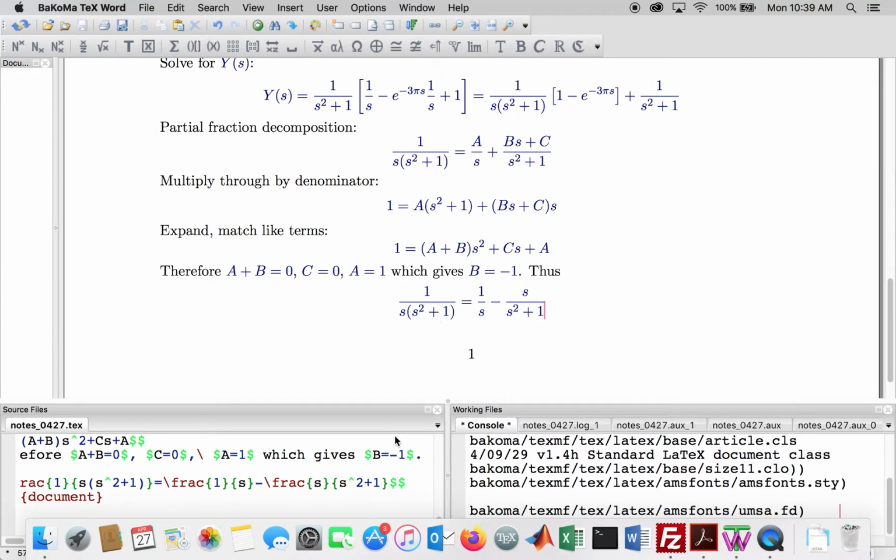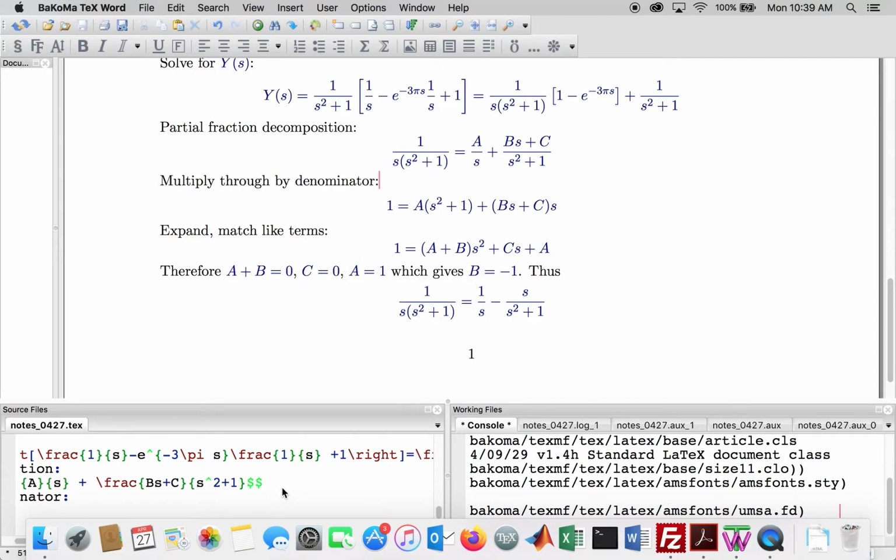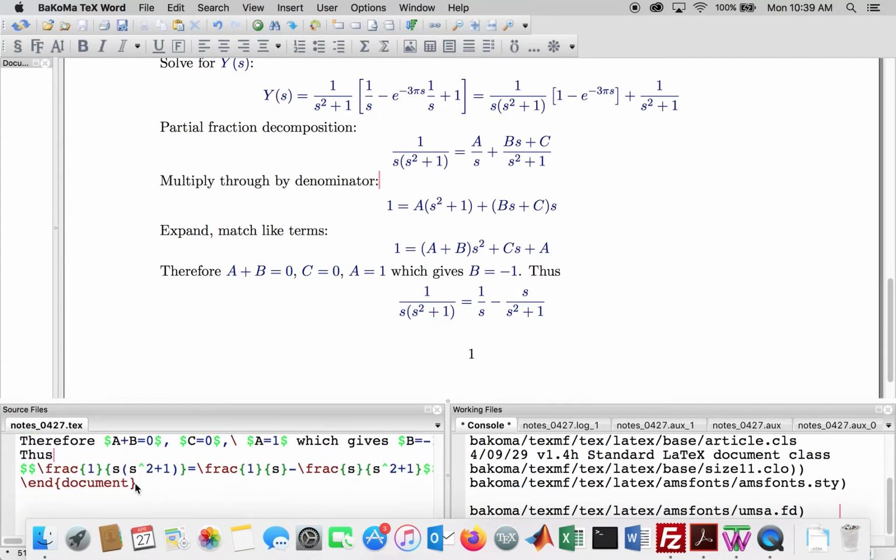So now what I can do is take this decomposition and move it up here. So what does that give me?